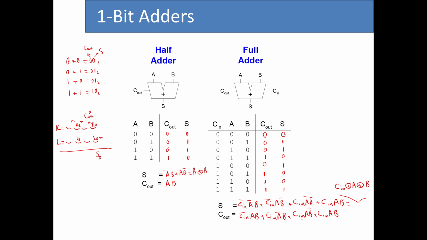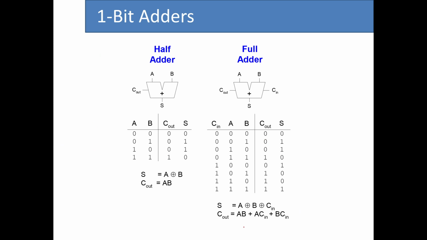For example, between this one and this one, C in A is common, so we can factor it out. Or between this one and this one, C in B is common, so we can factor it out. In fact, you can use a Karnaugh map representation to find the most simplified version of the function. So if we do that, the final function that we get for calculating the carry out for a full adder is going to be AB plus A C in plus B C in.